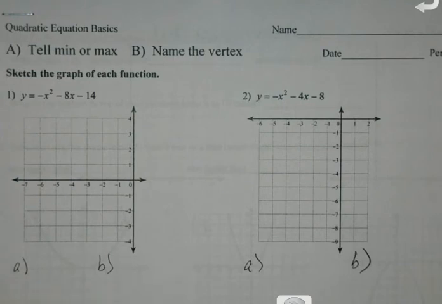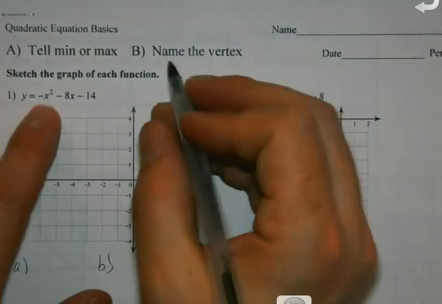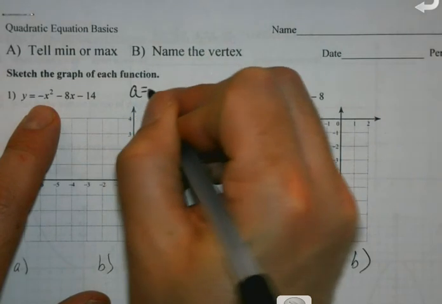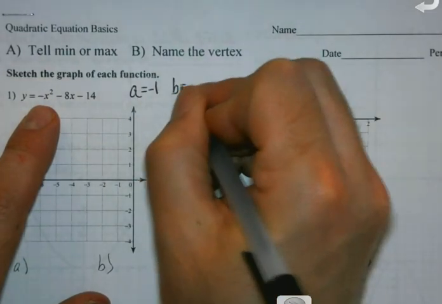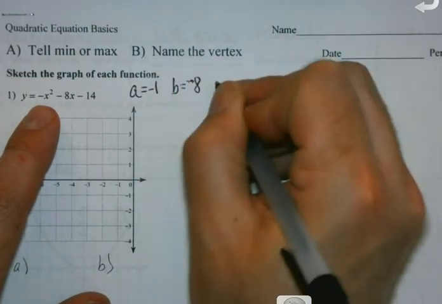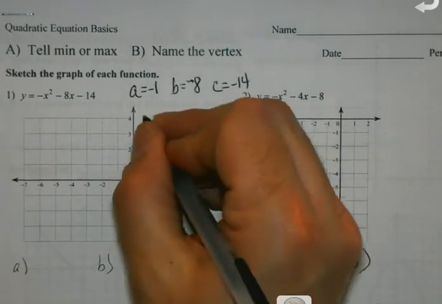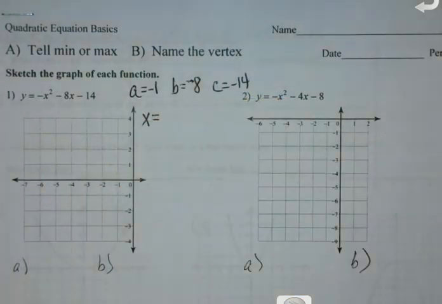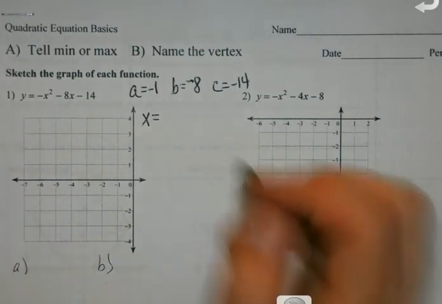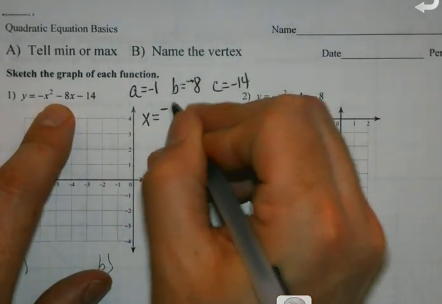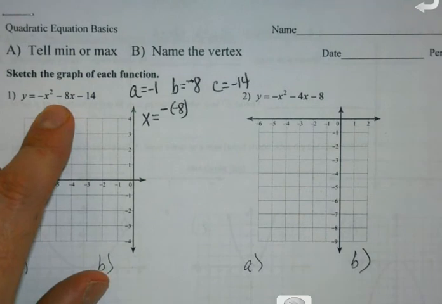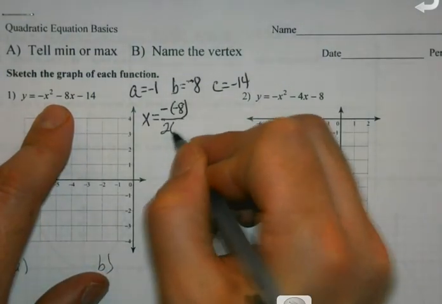When I go to find this out, so here I go, okay, my a value is -1, my b is -8, my c is -14. Just like I was doing before, I'm going to find my x equals first, which again is negative b, so the opposite of negative 8 this time, or you can just change the sign, over 2a.